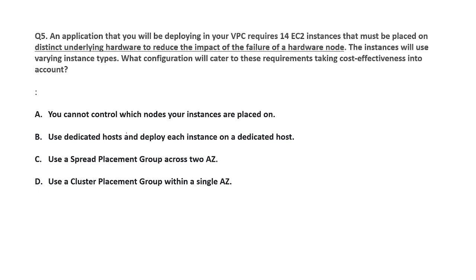So they clearly ask, I have highlighted it, distinct underlying hardware to reduce the impact. They have told us the application is deployed in your VPC and requires 14 EC2 instances that must be placed. They have clearly mentioned the placement, and the EC2 instances will use varying, different instance types.